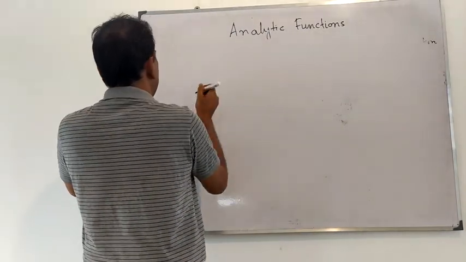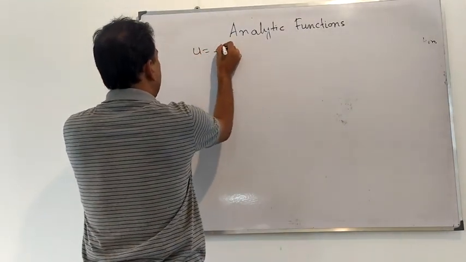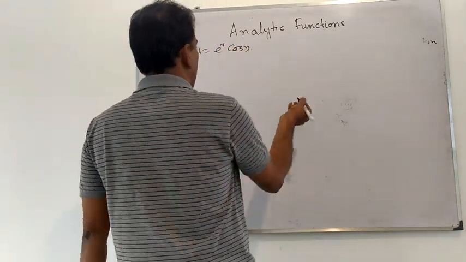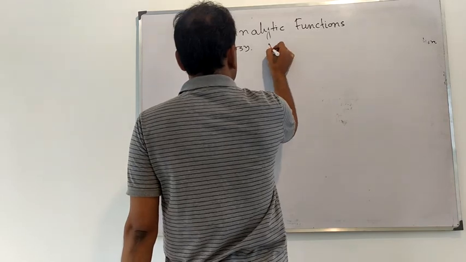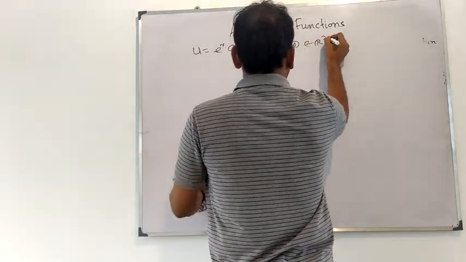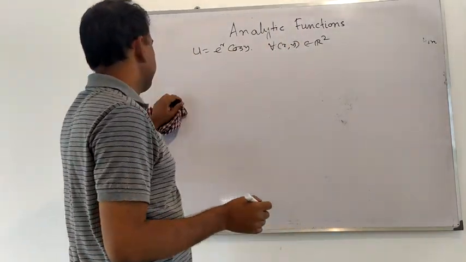Suppose u is equal to e to the power x cos y for all (x, y) belonging to R2.